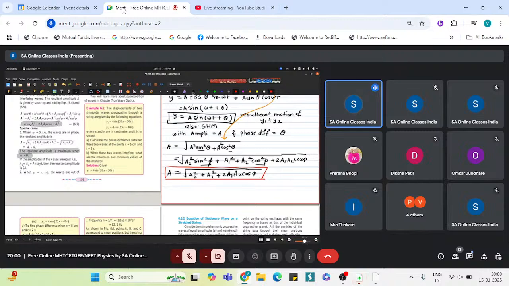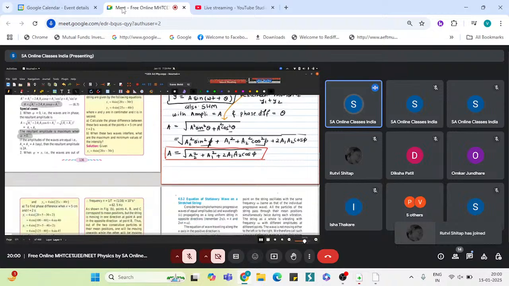Now we can think about constructive superposition and destructive superposition. Constructive superposition happens when two waves are in phase.